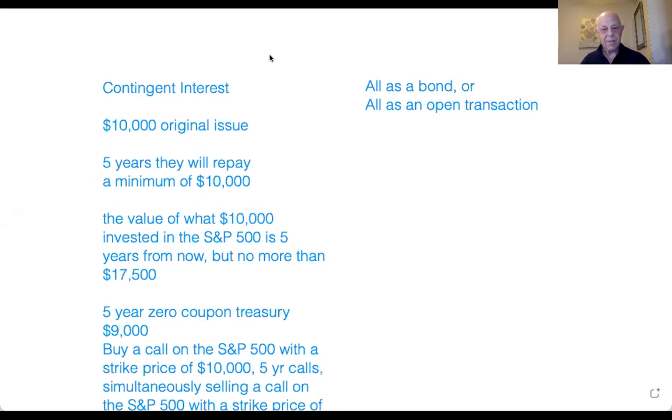So let me get rid of this. And we'll go to an issuer. An issuer is going to issue debt of $10,000, and it's going to be paid off in 5 years. And they're going to pay a minimum of $10,000.